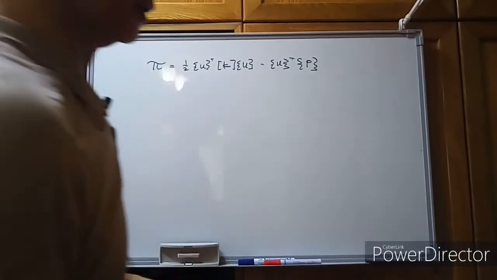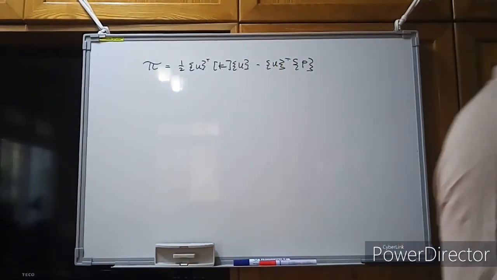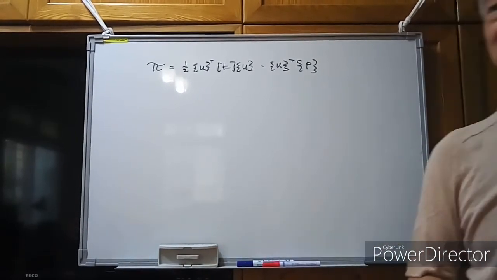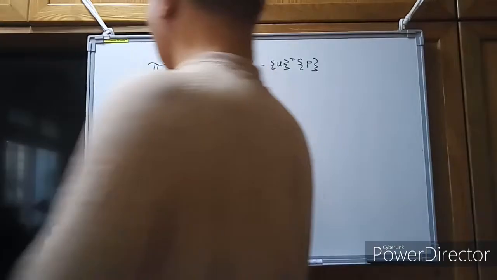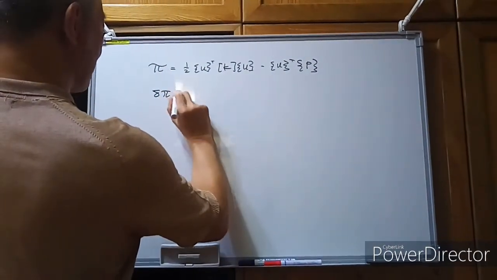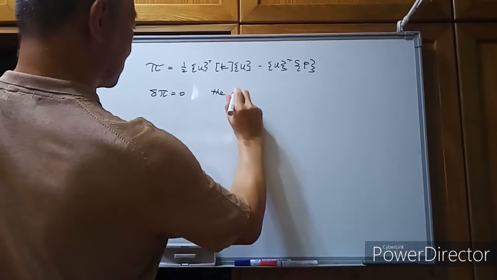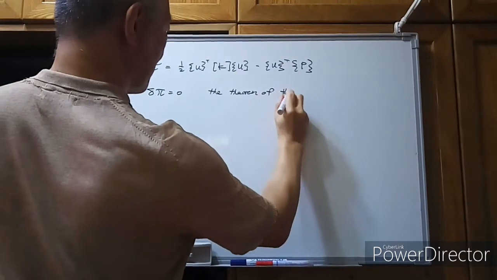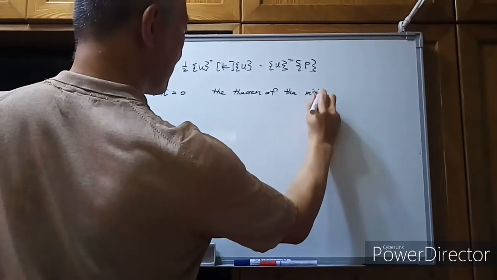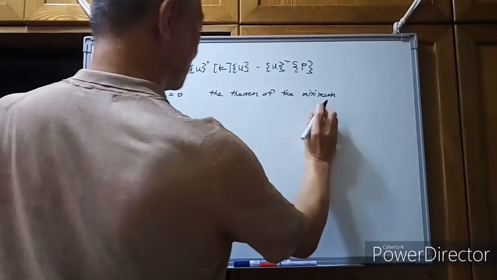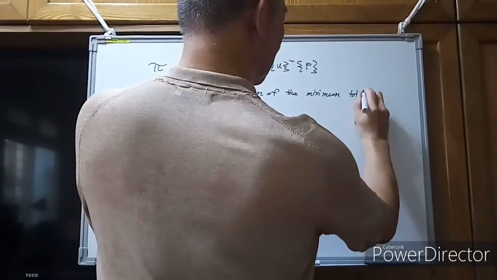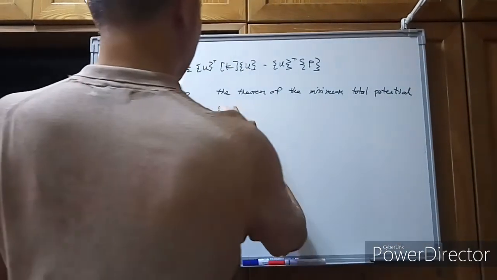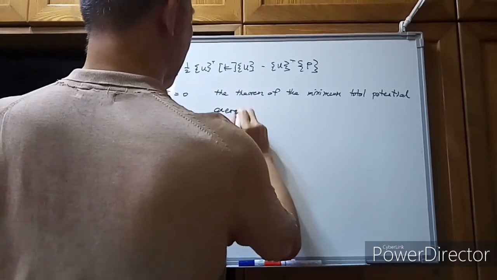Then, based on the theorem of the minimum total potential energy, remember delta pi equal to 0.